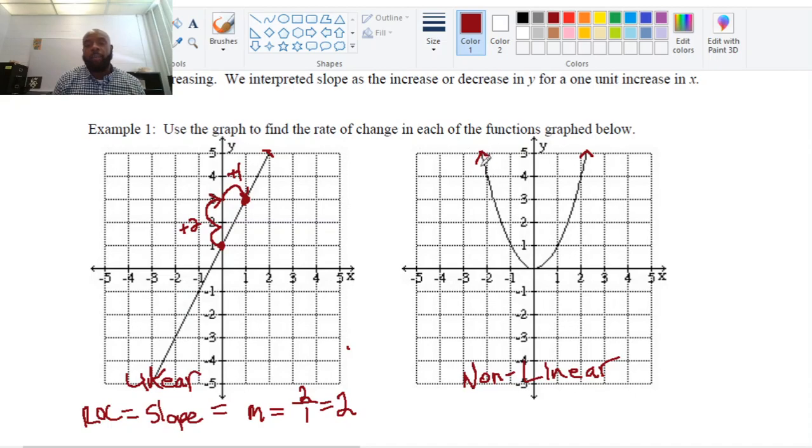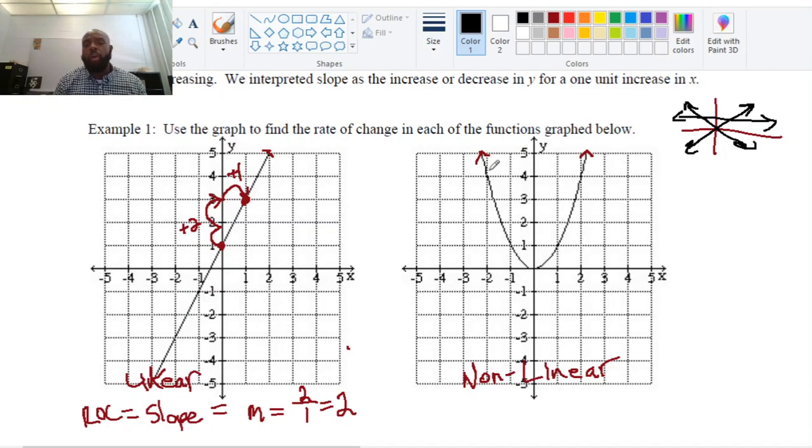We already knew there are 3 cases for linear functions. Our function can increase, meaning our rate of change or slope is positive. It can decrease or fall from left to right, meaning our rate of change is negative. Or it can be constant, meaning our rate of change, or slope, is 0.